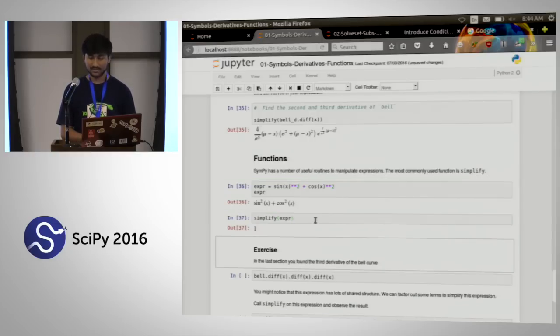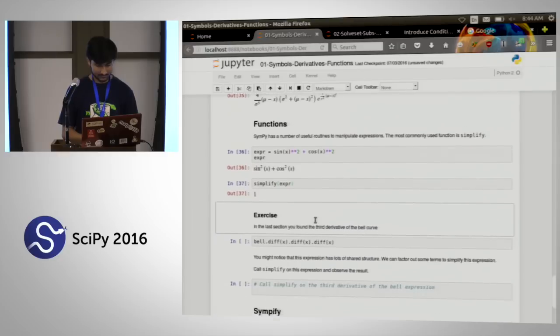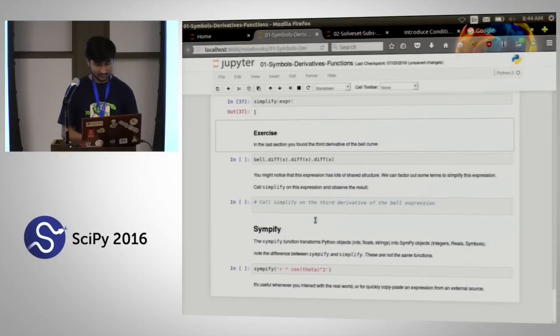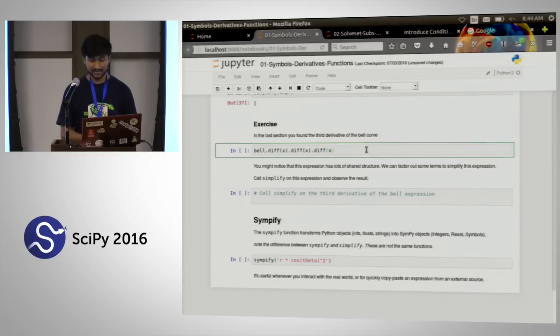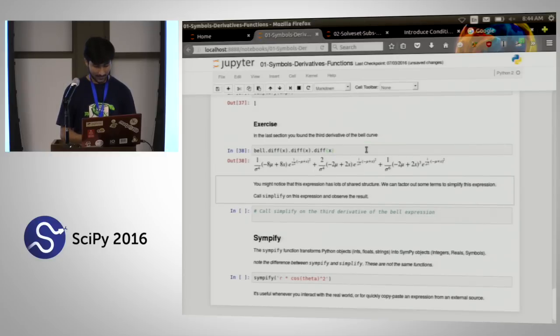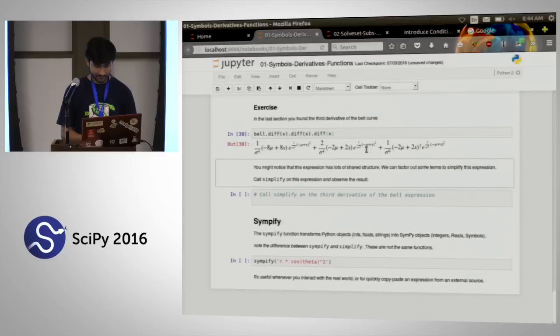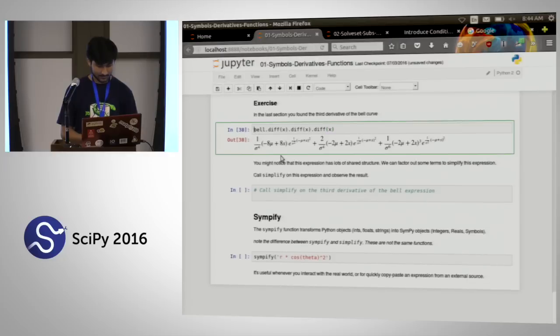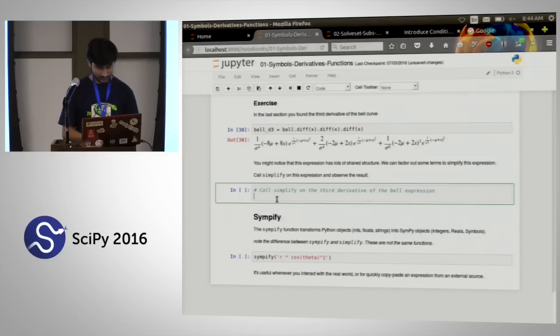Then it will tell you that sine square x plus cos square x is 1. Similarly, we can find the third derivative of the bell curve, and simplify that as well.